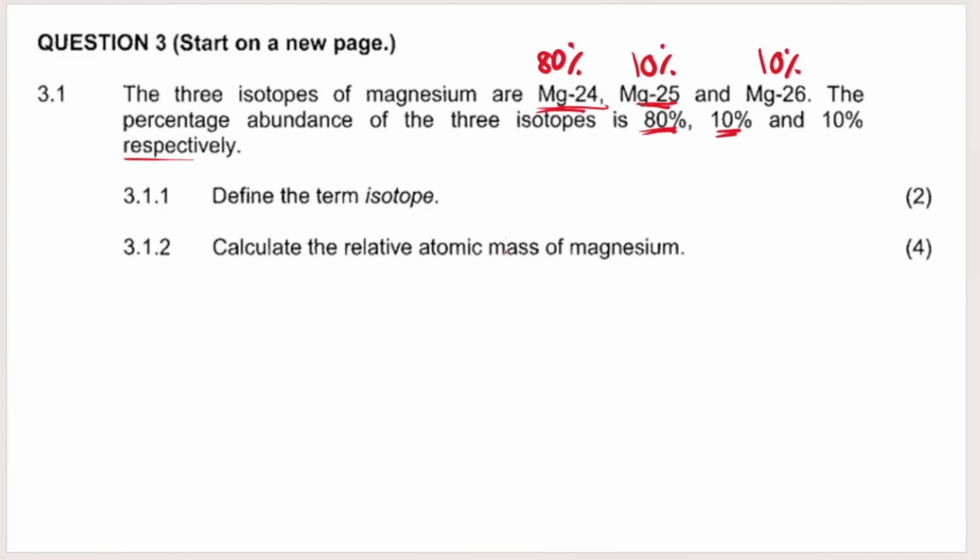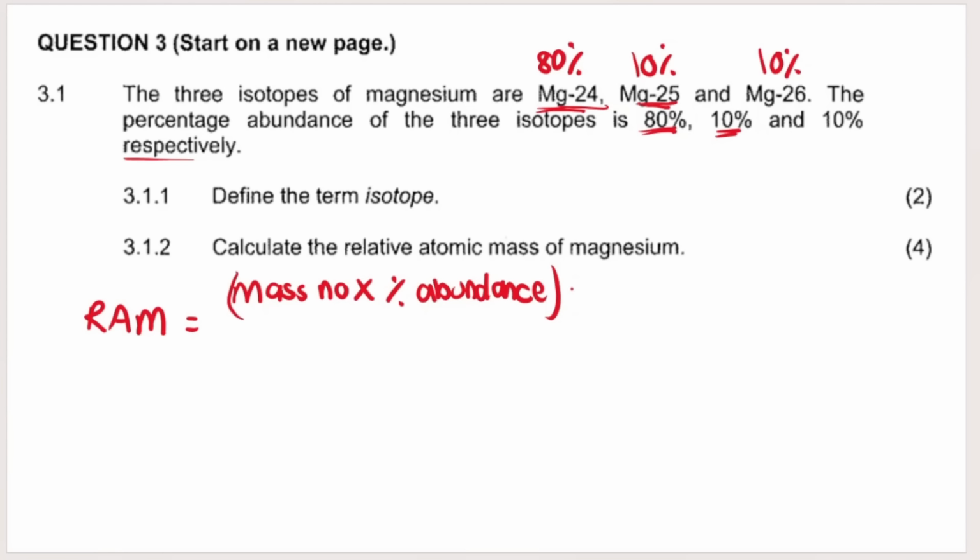So when calculating the relative atomic mass, we use the following formula. You take the mass number times the percentage abundance. And then we'd say plus. Then we take the second mass number times the percentage abundance.